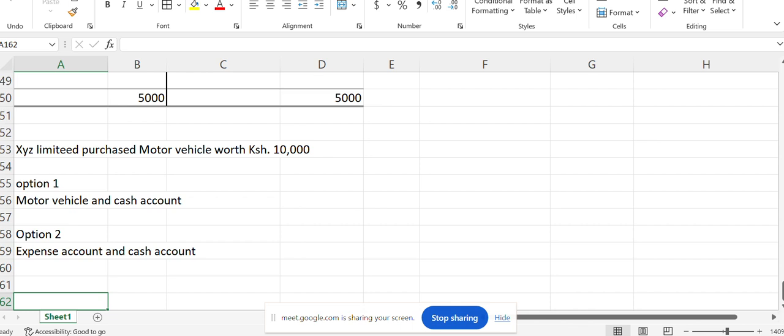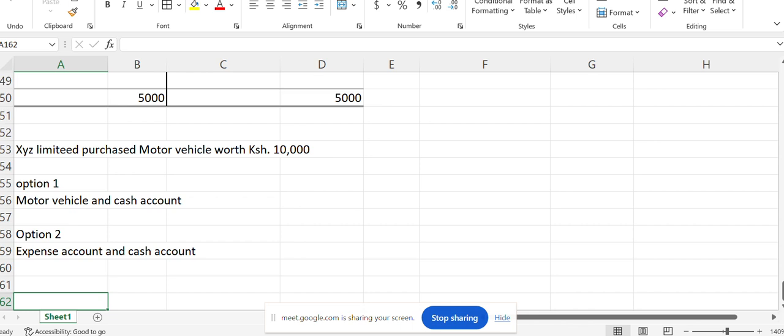So don't be tricked by the word purchased, whether motor vehicle, building, or furniture and fixtures. Yes, it seems like an expense, but that item you are acquiring is going to help you generate some future cash inflow.